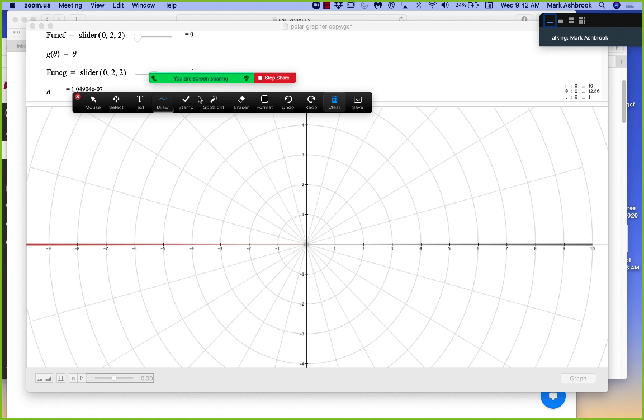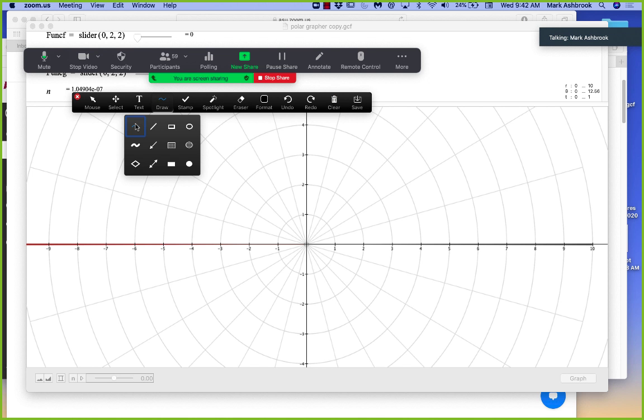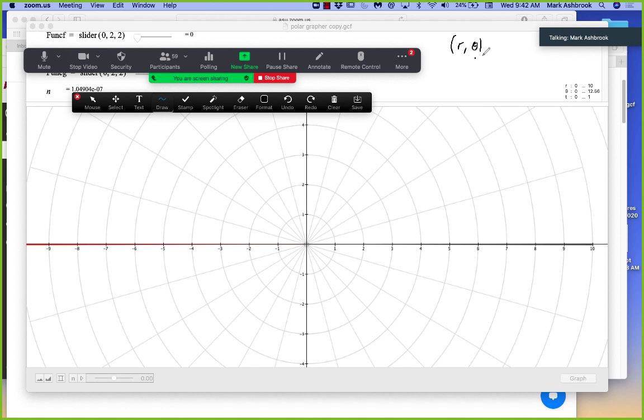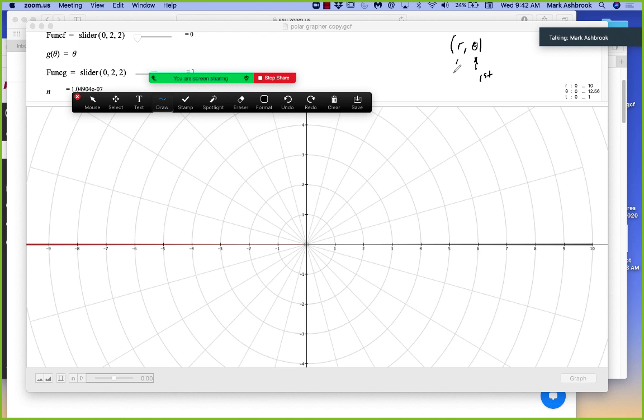R is a function of theta. When we think about polar coordinates, even though we write r comma theta, we think theta first, and then at every given theta there's some value of r. So theta is independent and r is dependent, and that's how we were practicing plotting points.